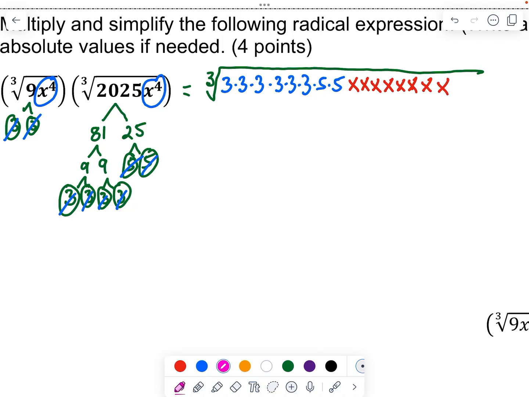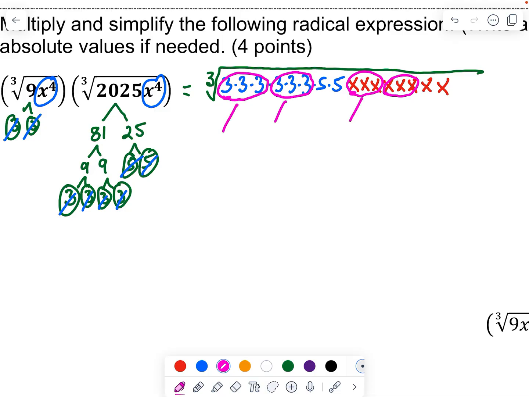And let's go through and circle. This is a cubed root, so that means I've got to circle 3 of a kind. There's 3, another 3 of 3. I only have 2 5s, can't circle that. And there's 3 x's, there's another 3 x's. And then I'm left with 2 more x's that I can't circle.